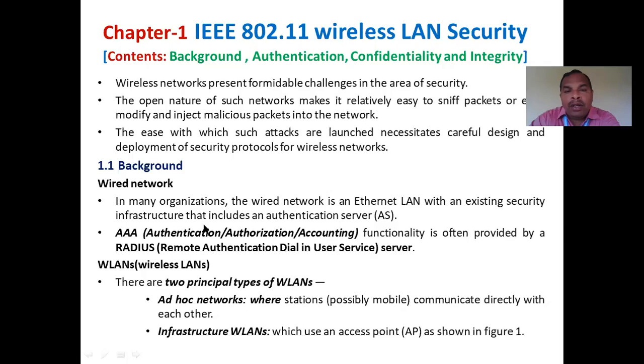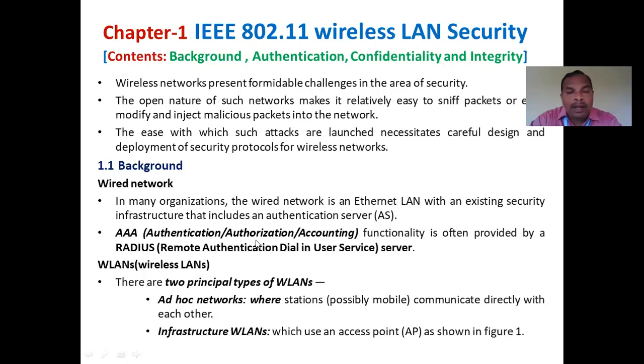In many organizations, the wired network is an Ethernet LAN with an existing security infrastructure that includes authentication servers, shortly represented as AS. Wired networks carry three functionalities: authentication, authorization, and accounting. They verify whether the users are valid users using authentication.